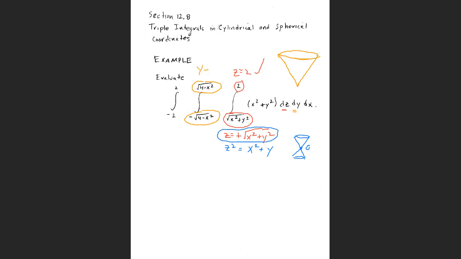Because if you have, for instance, y equals square root of 4 minus x squared, well, you can square both sides and get y squared equals 4 minus x squared, or you could write that as x squared plus y squared equals 4. Oh, that's a circle with radius 2, centered at the origin, right?